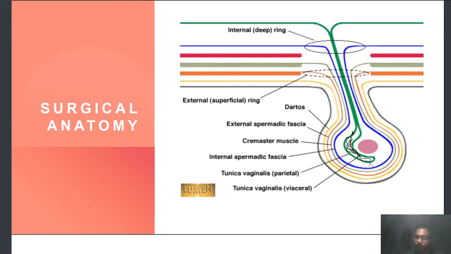How does this actually happen? To understand this concept, I would like to begin from the very start: how the testis comes inside the scrotal sac, how the testis develops, the entire development of the testis and the scrotal sac. So we're going to start with this right now.